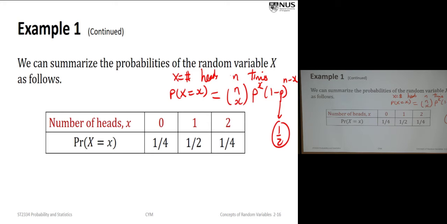So we would like to have a neat way to represent it. So we use a mathematical formula. And notice that this formula is only valid for x equal to 0, 1, 2, up to n. Beyond that, the formula is not valid. Is this formula valid for x equal to 1.5?